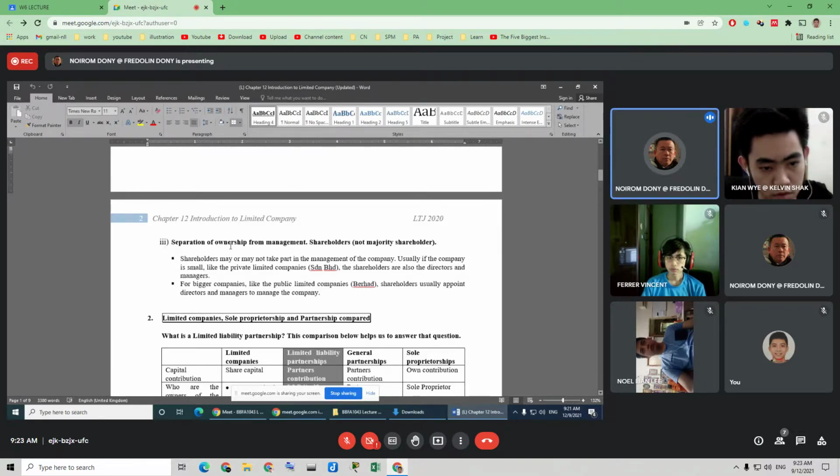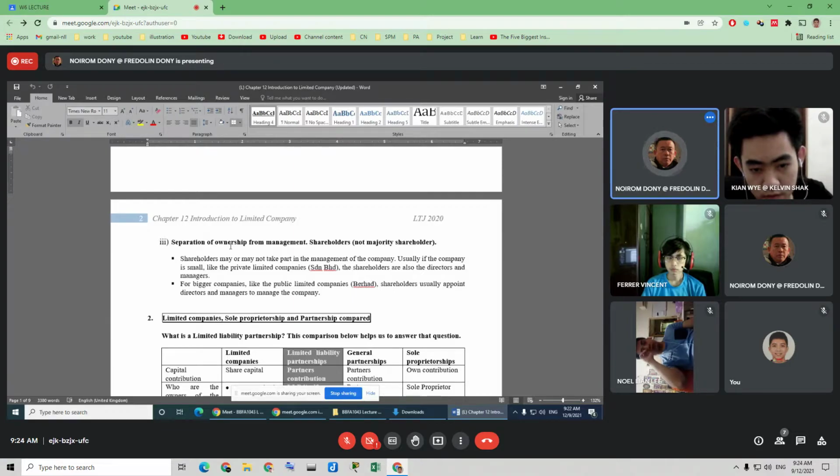The company will be managed by professional managers, which they select. They will have directors, managing directors. All these persons, managers, directors, managing director, are selected by the shareholders.